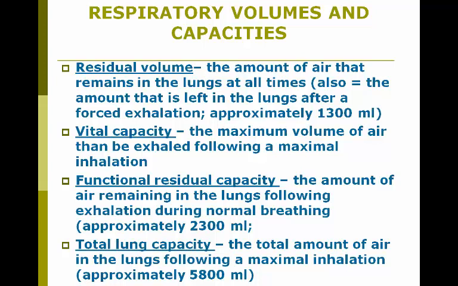That's called your vital capacity. At the bottom we have total lung capacity. It's just what it sounds like. It's the total amount of air in the lungs following a maximal inhalation. So think of breathing in as much as you can and then measuring the amount of air that's in the lungs. For the average adult, that would be 5,800 milliliters.